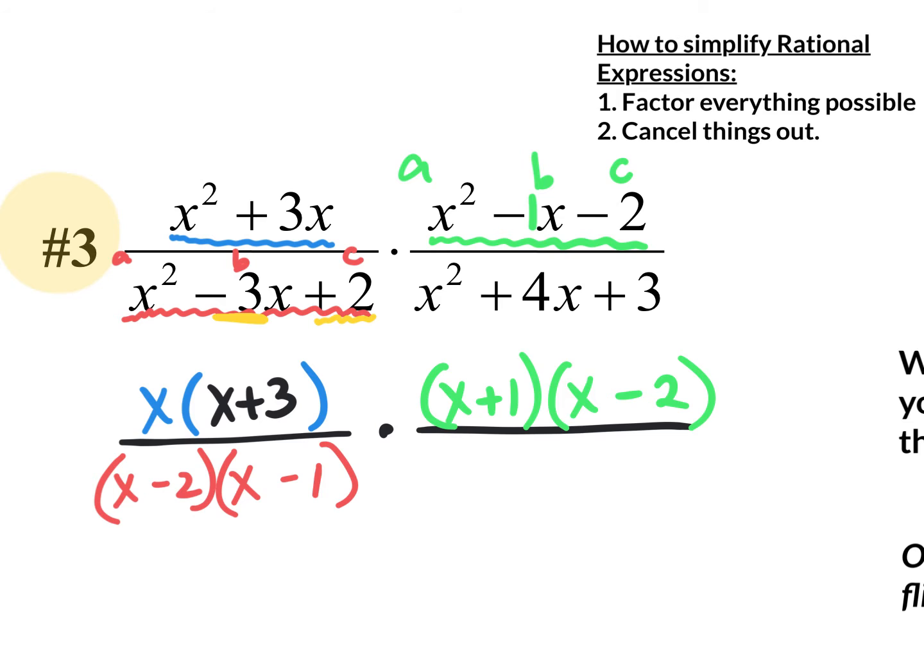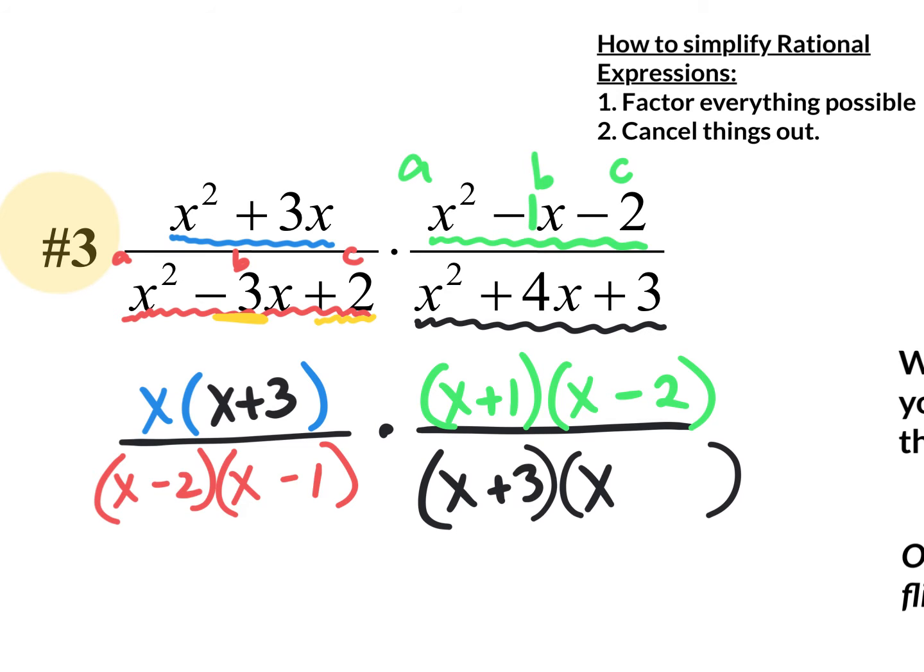And last but not least, let's take a look at this one down here, x squared plus 4x plus 3, parenthesis, x. What times what is 3, that if you add together is 4? +3 and +1, right? 3 times 1 is 3, and 3 plus 1 is the middle value, 4.